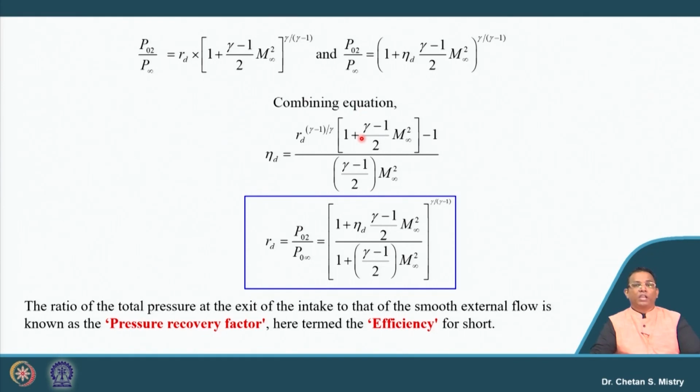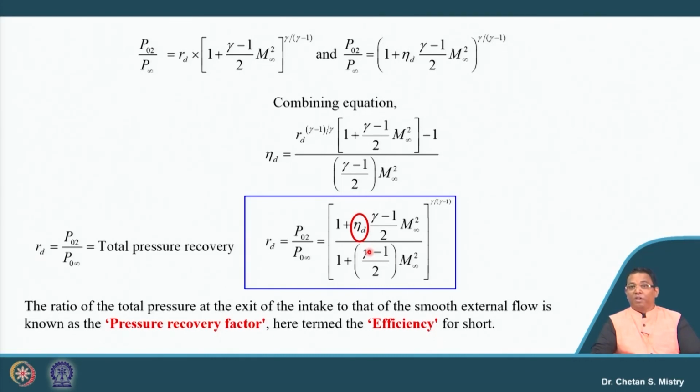My diffuser efficiency is a function of my pressure ratio. This pressure ratio is known as the total pressure recovery, or recovery factor. It is given by P02 by P0 infinity, and it is a function of my diffuser efficiency.